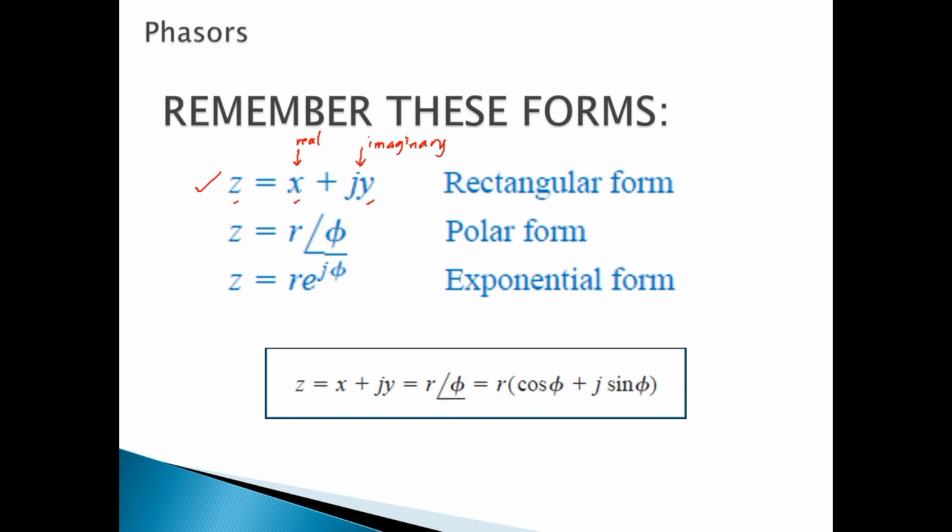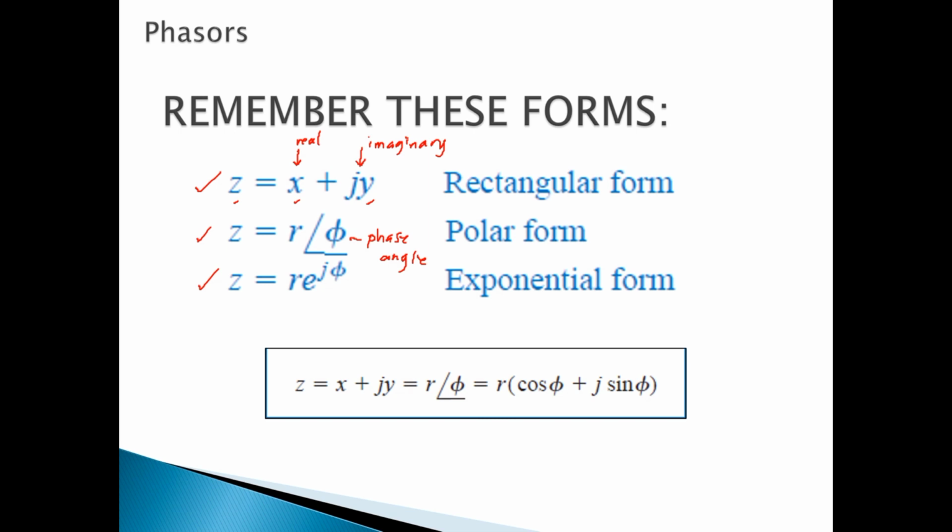Then polar form, Z is equal to r angle of phi, where r is equal to the square root of x squared plus y squared, and phi is the phase angle. Then for exponential form, we have Z is equal to r e raised to j phi.